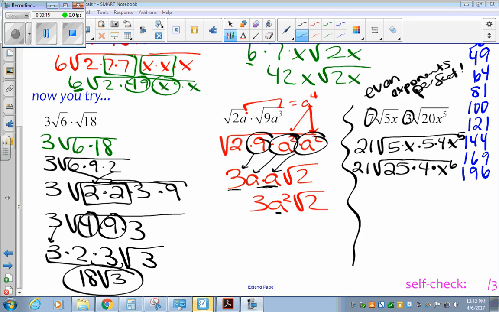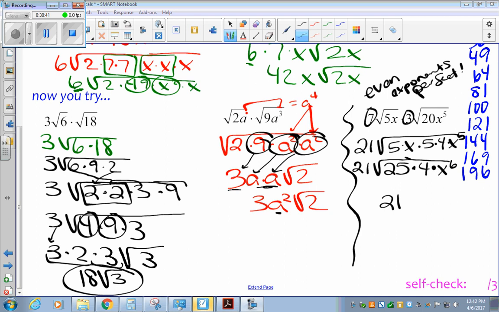So this is brand new stuff. If I have an even exponent, I just cut that exponent in half, and that's what I get when I take the square root. So x to the third times x to the third gives me x to the sixth. So the square root of x to the sixth is x cubed.